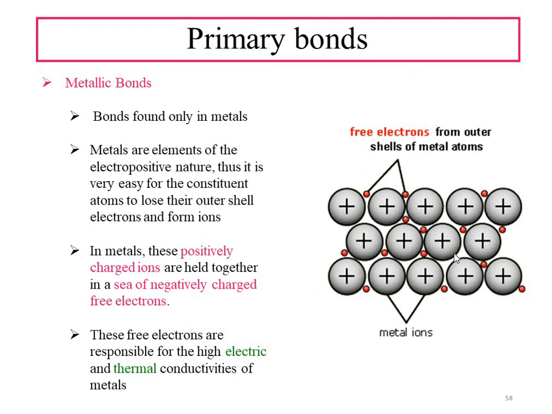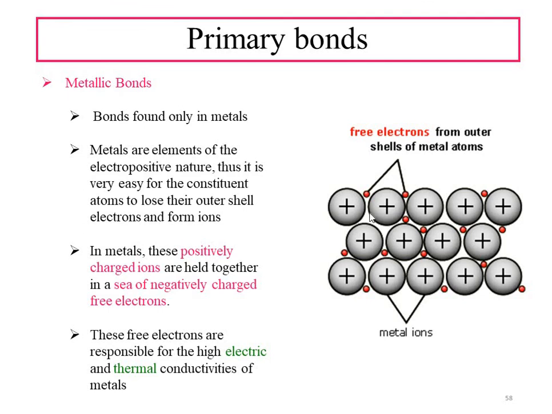As we all know, metallic bonds are found in metals. Metals are elements of electropositive nature, so it is very easy for the constituent atoms to lose their outer shell electrons. An electronegative element will attract or accept electrons, and an electropositive one will easily donate them.